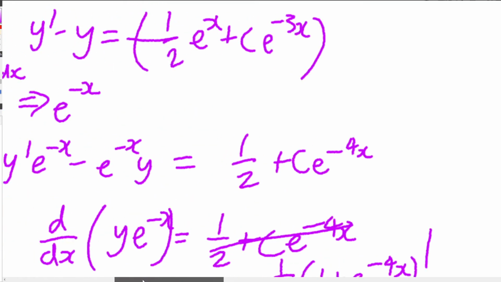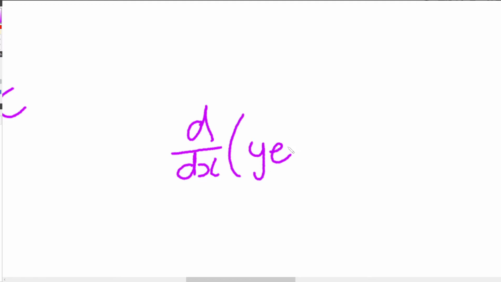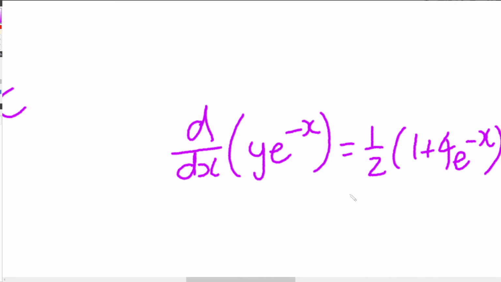So therefore, d over dx of y e to the minus x is 1/2, 1 plus 4 e to the minus x.